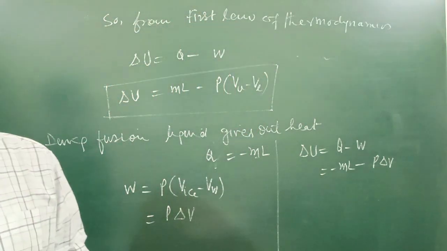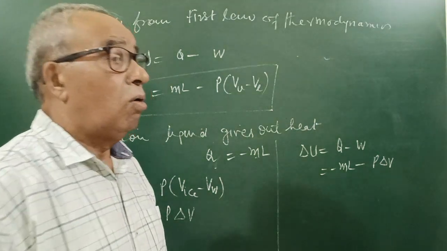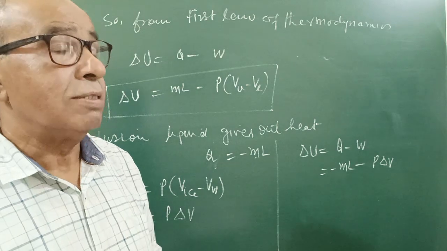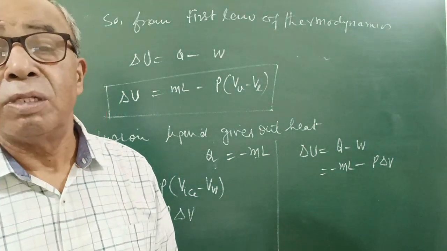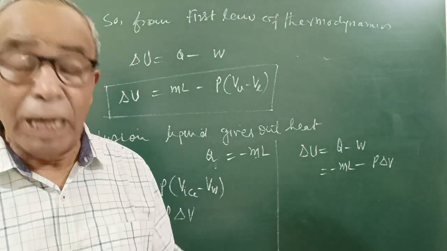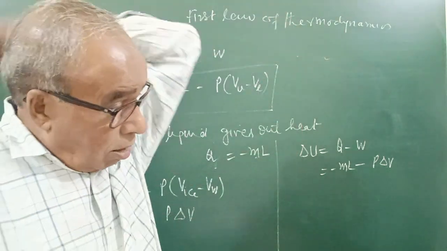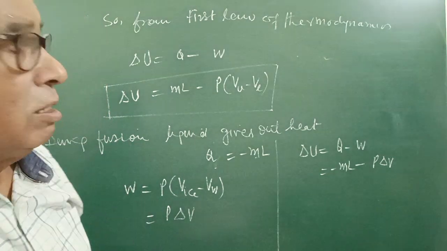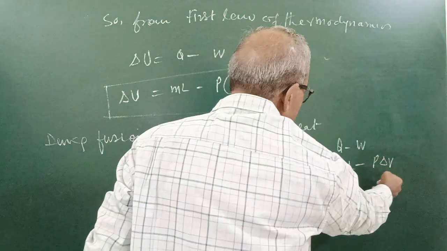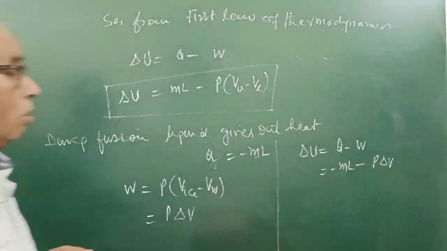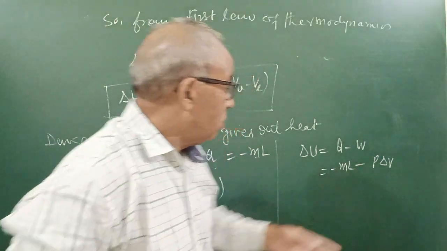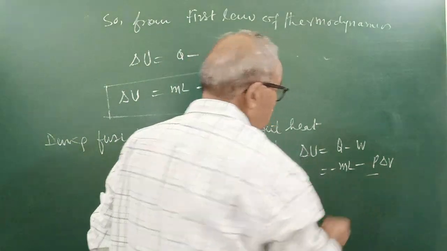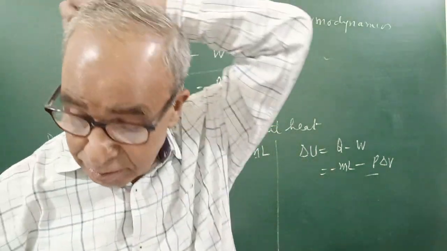That means internal energy of water decreases during fusion. If it is boiling or melting, then water or ice takes heat. Delta V is positive, pressure P is the atmospheric pressure. So these are two processes.